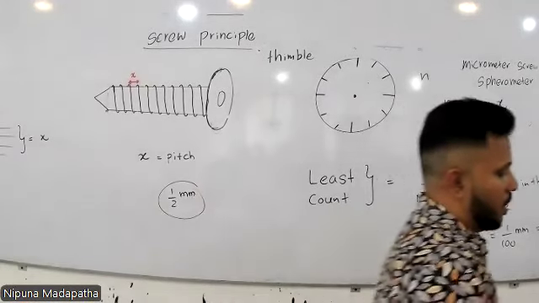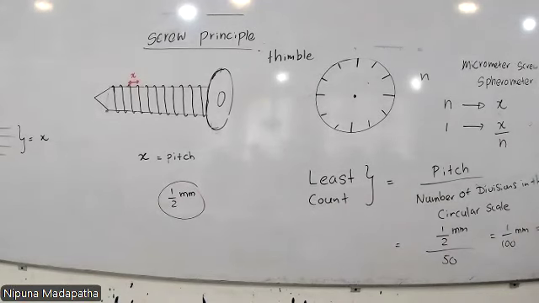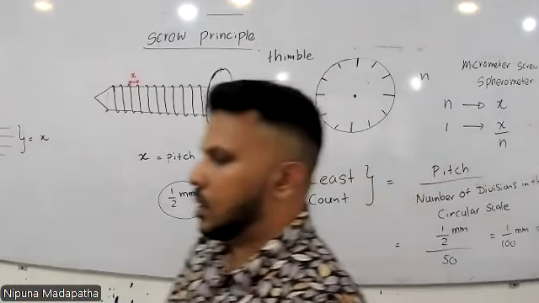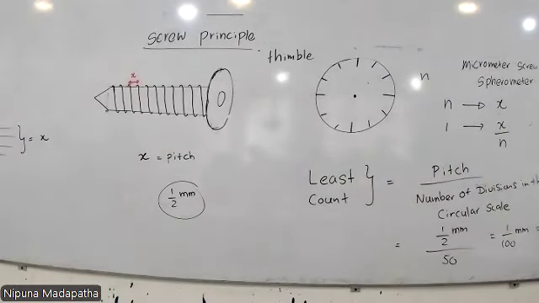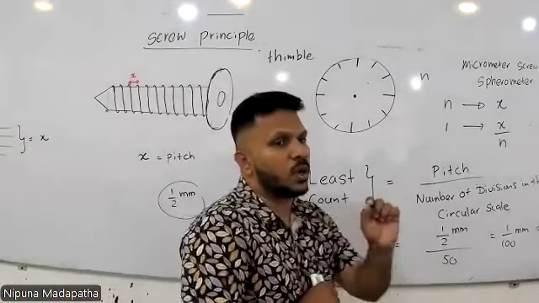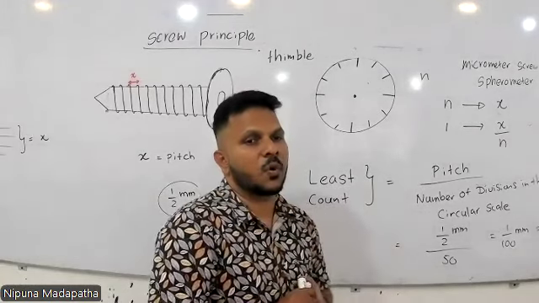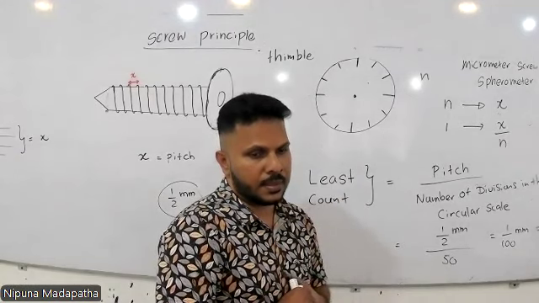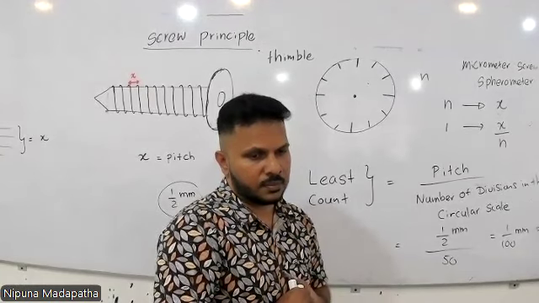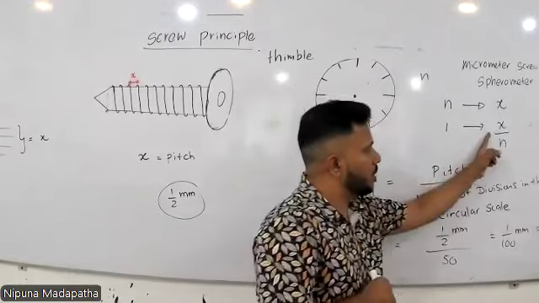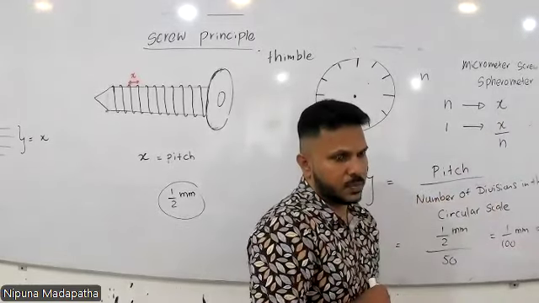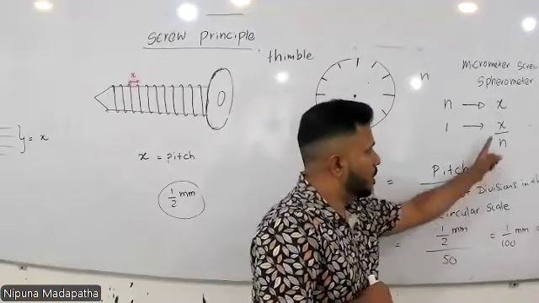Next sentence, the distance the screw advances forward when the thimble completes one small division is equal to x over n.